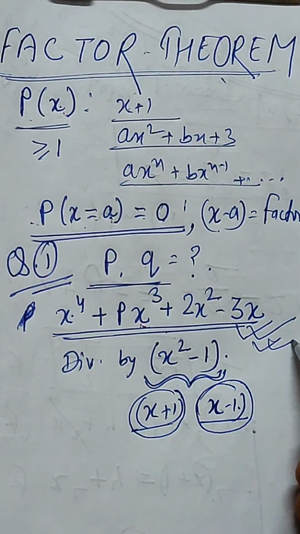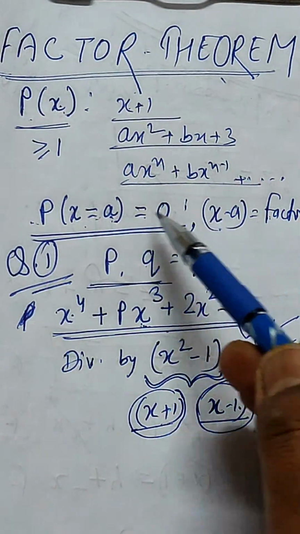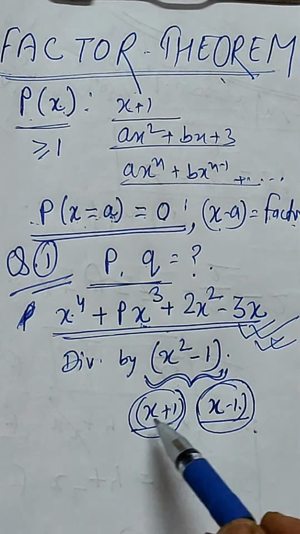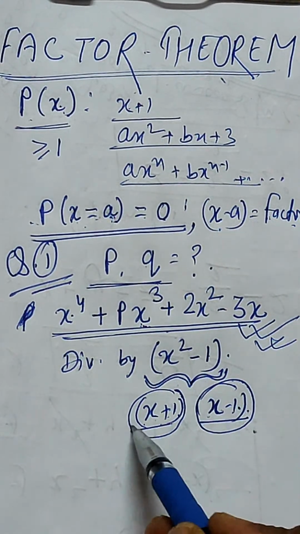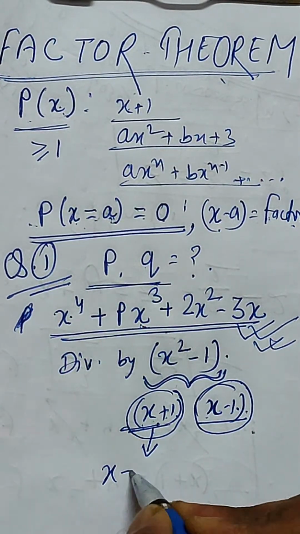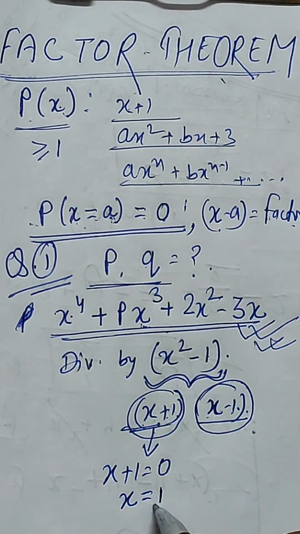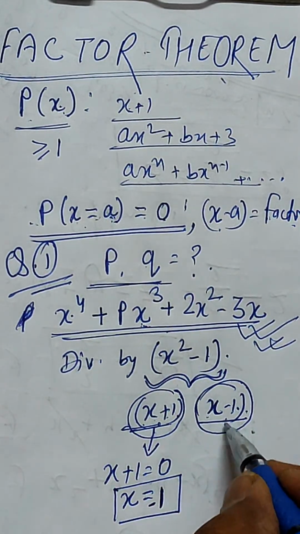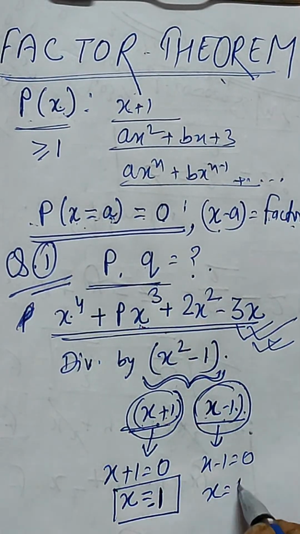Just remember the factor theorem: x minus a is a factor when x equal to a makes the polynomial zero. Equating x plus 1 to 0 gives x as minus 1, and equating x minus 1 to 0 gives x as 1.